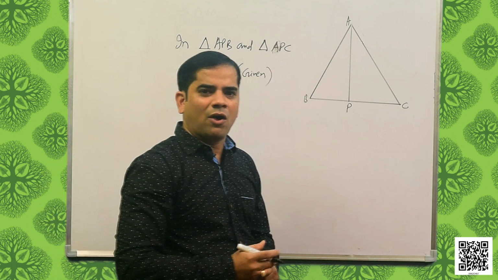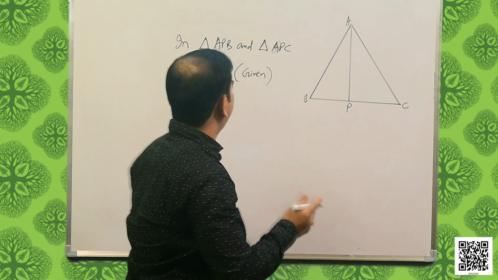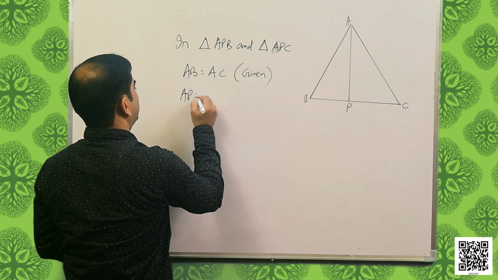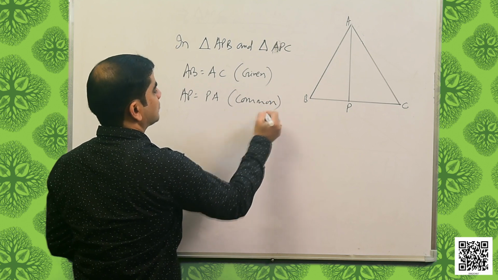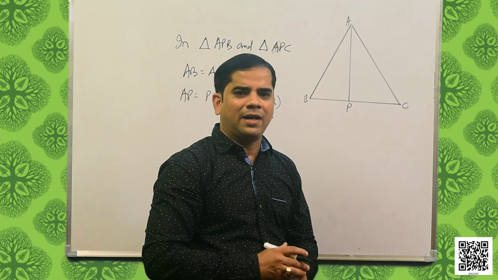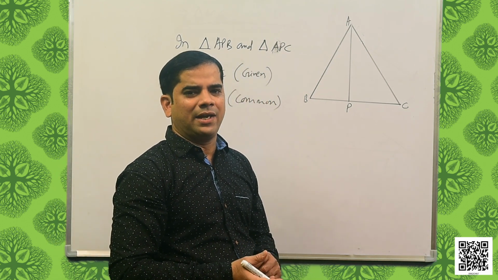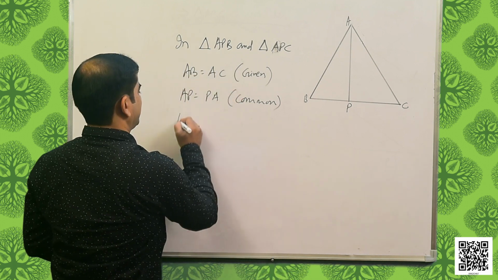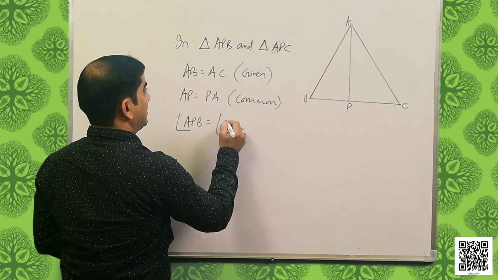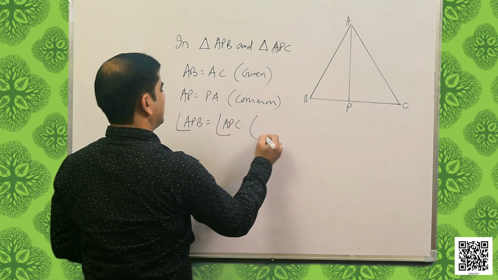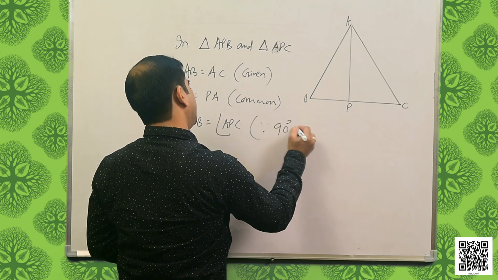Now AP is equal to PA. It is common. And angle APB is equal to angle APC, because they are 90 degrees each.